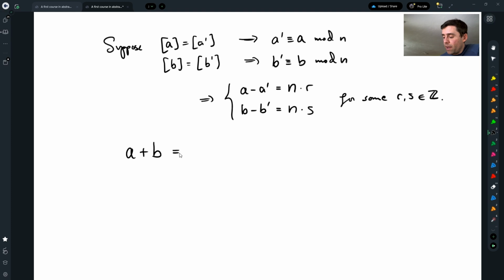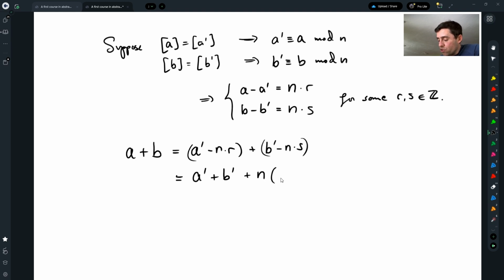So from here, I actually have that A prime is A minus n times r, and B prime is B minus n times s. So this is the same as A prime plus B prime plus a multiple of n, which is actually minus r minus s.